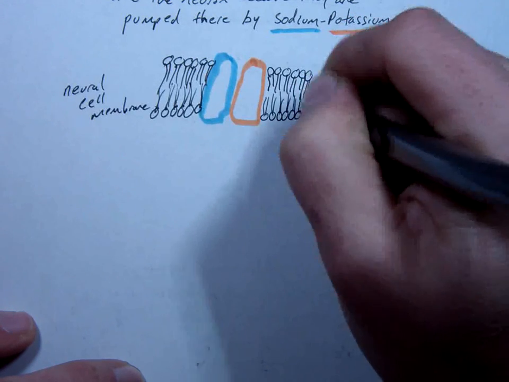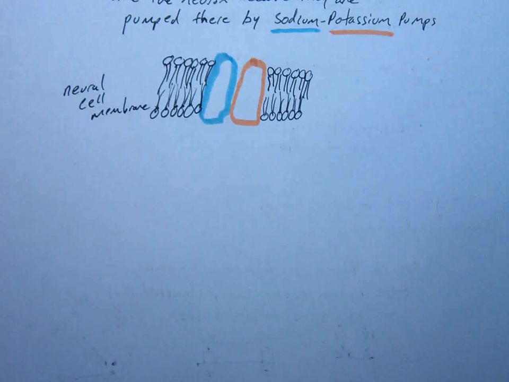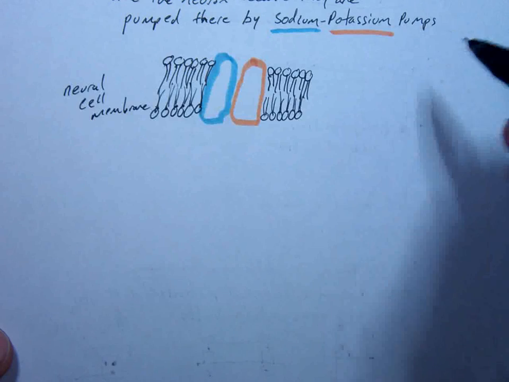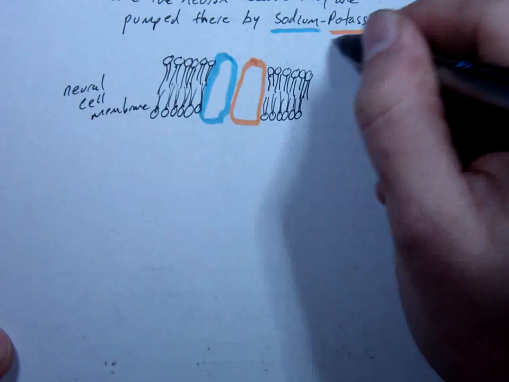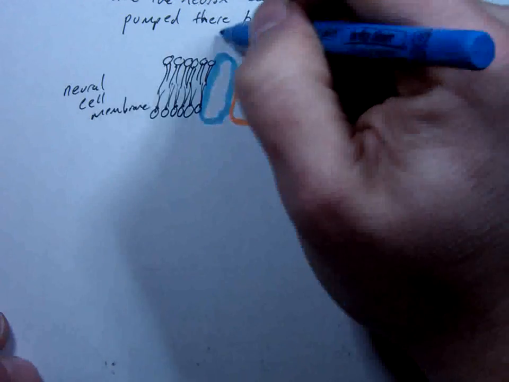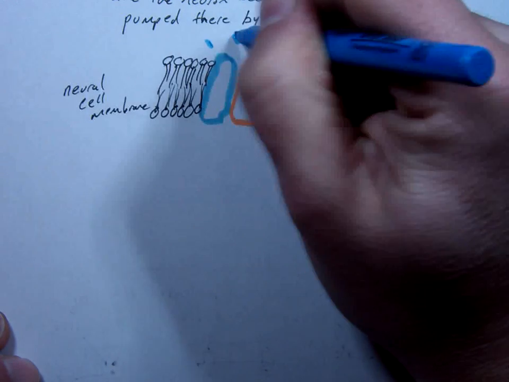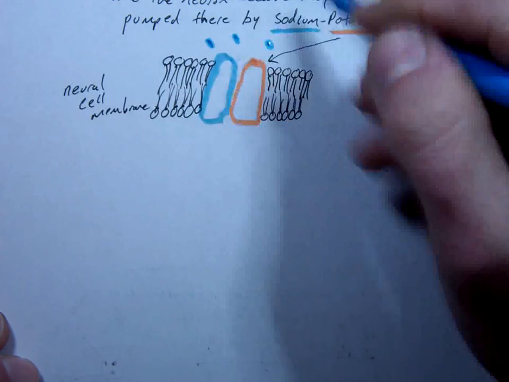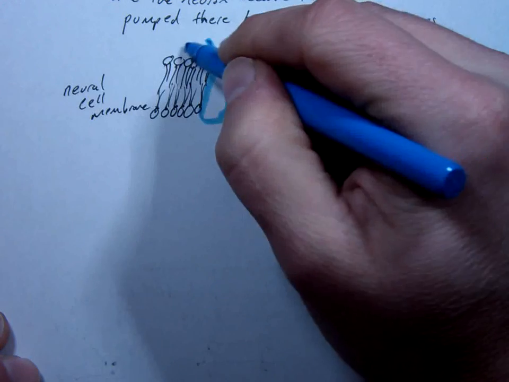It forces them one way or the other. Okay. Sodium potassium pump. That's this guy. Okay? Now, again, scale's going to be way off here, but I'm just going to draw what do my blue dots represent? Sodium ions, and my orange dots represent potassium, right?